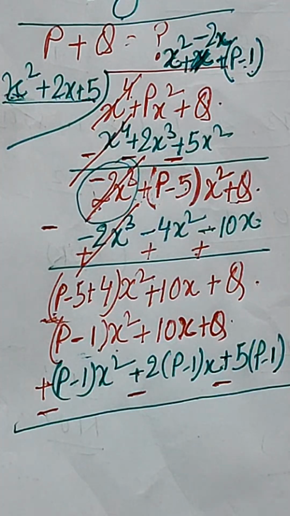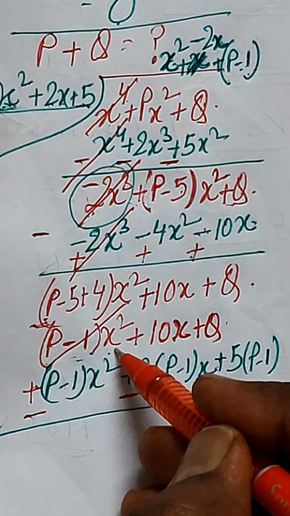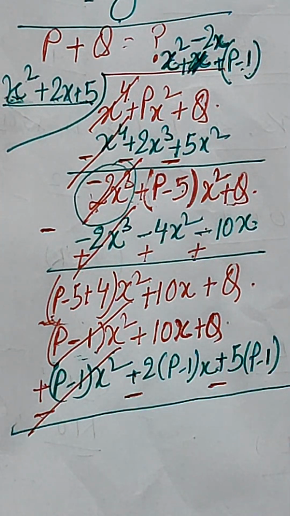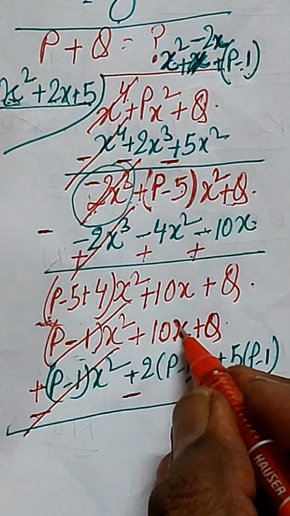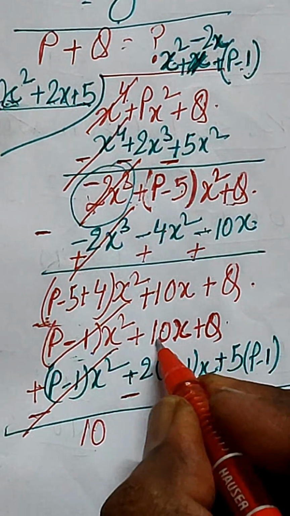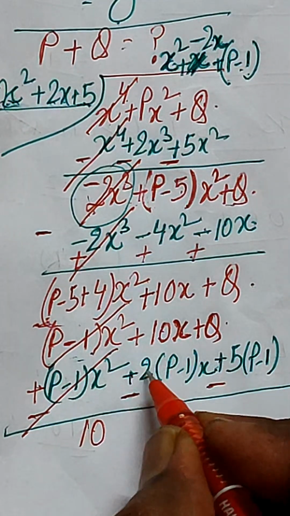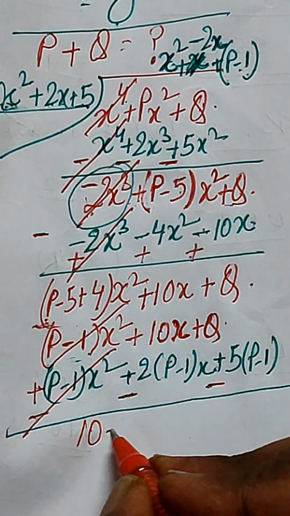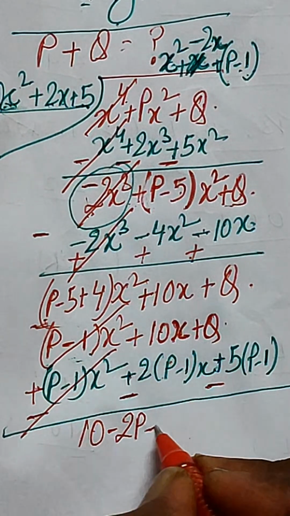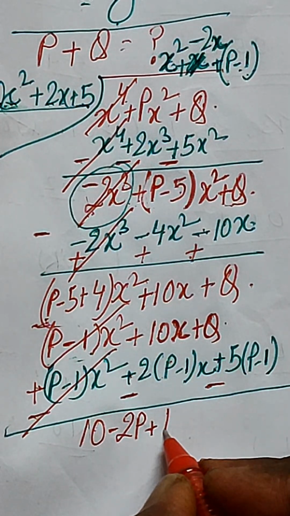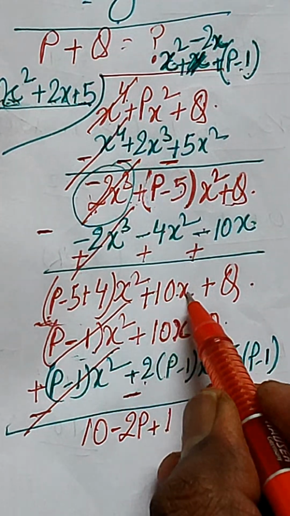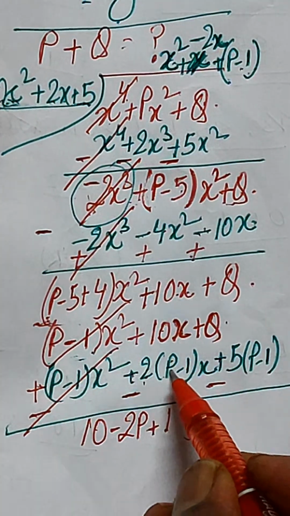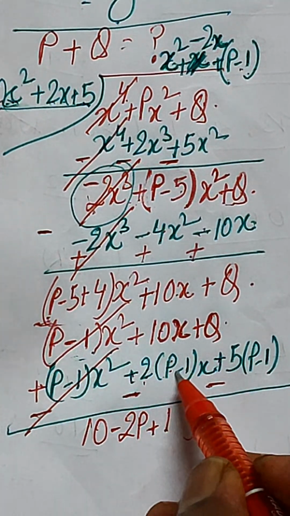Now what will happen? You can see p minus 1 x square and p minus 1 x square will be cancelled out, and we are left with this 10x minus 2p plus 1, right? 10x minus 2p minus minus plus 1, not plus 1.